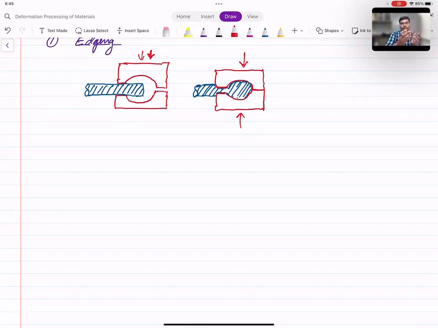Say we have a rod and we want to reduce some portion which lies in the middle, towards the center. Then in that case, the fullering operation is carried out. So the second one is fullering.